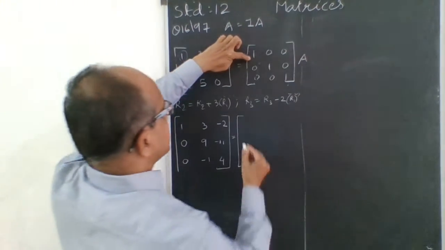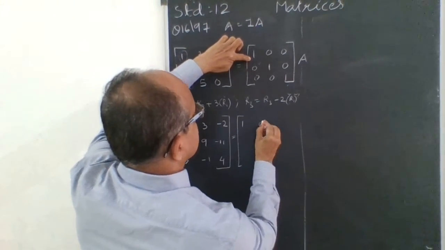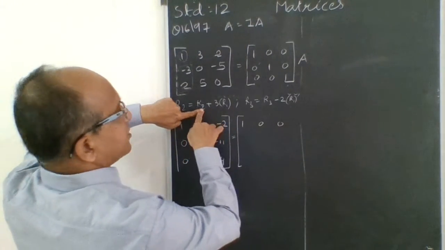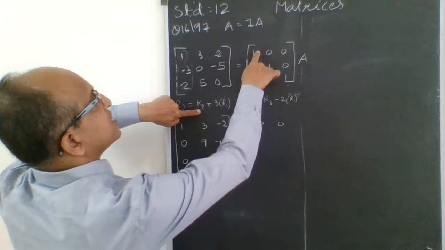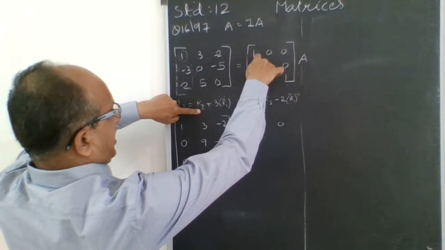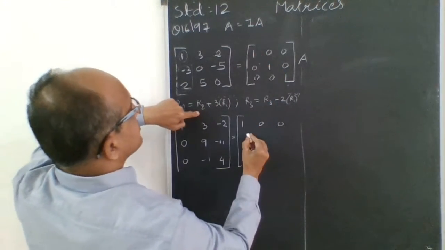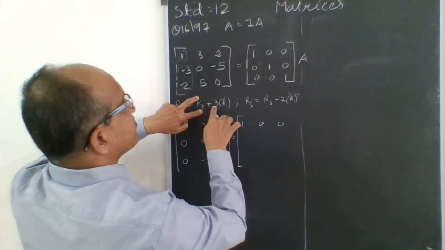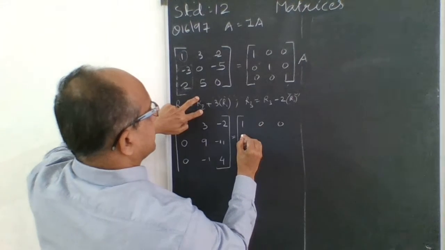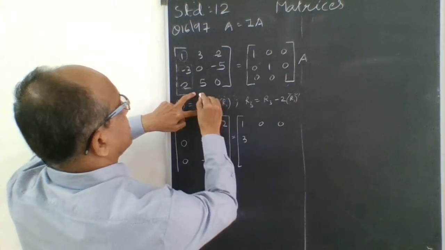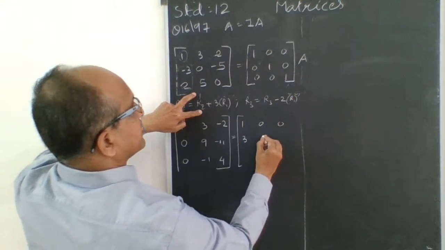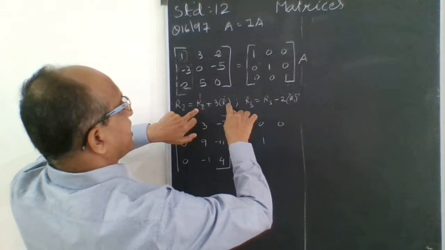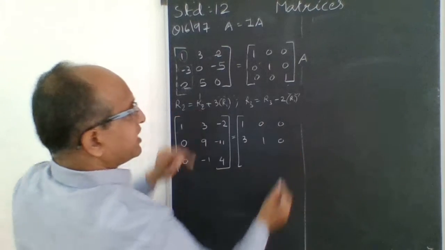So first row will remain as it is, 1, 0, 0. Now for the second, this is R2 is 0 and 3 into R1. So R1 is what? 1. So R2 is 0 plus 3 into R1, that is 3. Then second, 1, this is 0, so it will remain as it is. Again R2 is 0 and R1 is also 0, so it will remain 0.